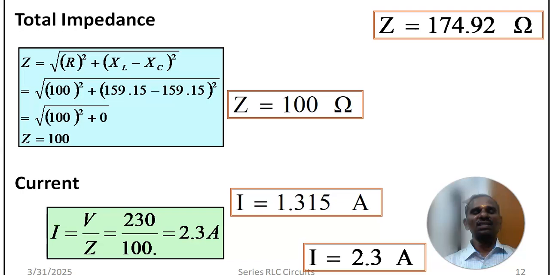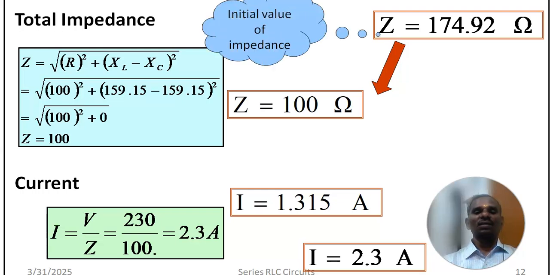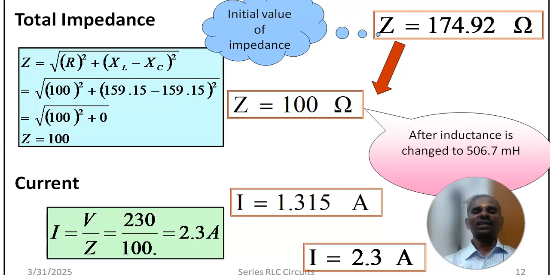So after changing the value of your inductance, the current has increased to 2.3 amps. That is the arrow showing that the impedance, before it was 174.92, has now changed to 100 ohms, which was the initial value of your impedance after the inductance is changed to 506.7 millihenry.